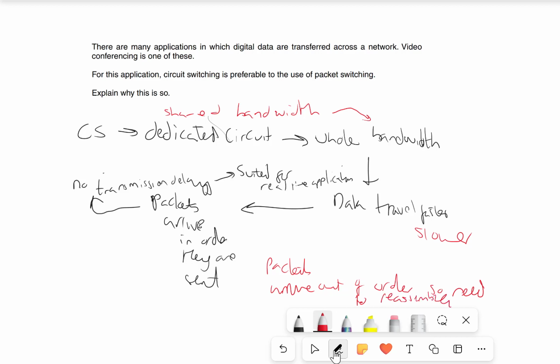There is a slightly higher chance that packets could get lost as well. Both these factors mean that actually you can have a transmission delay.